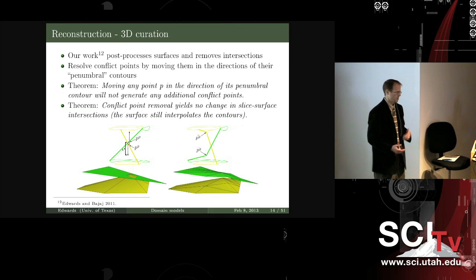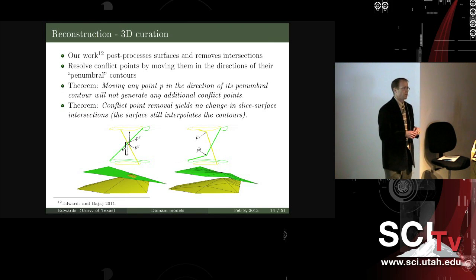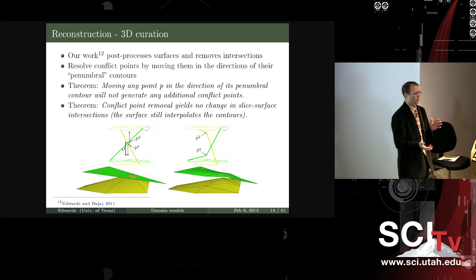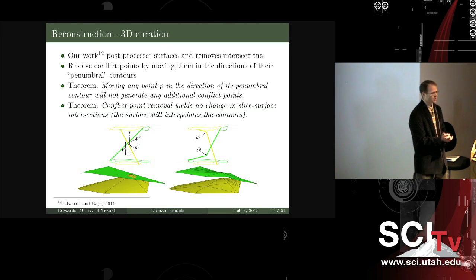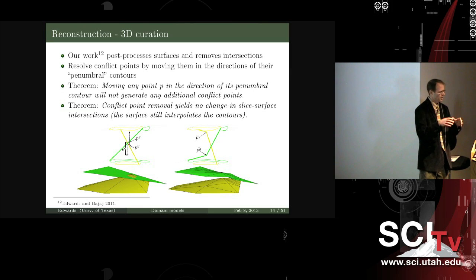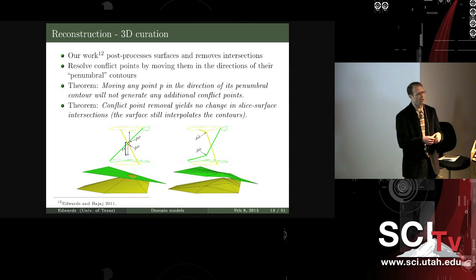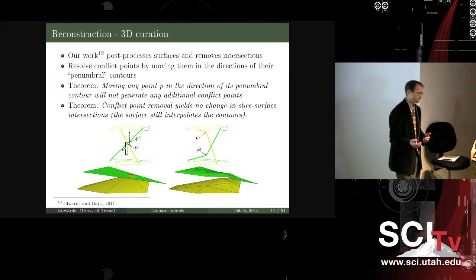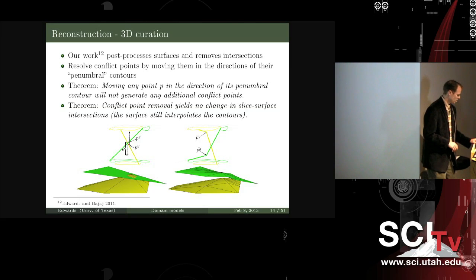But what we were able to prove is that we can separate them in such a way that not only do we not introduce additional intersections, but we also maintain our interpolation property. And we're not moving the surface away from the original contours. We're not introducing additional surfaces into the image plane.